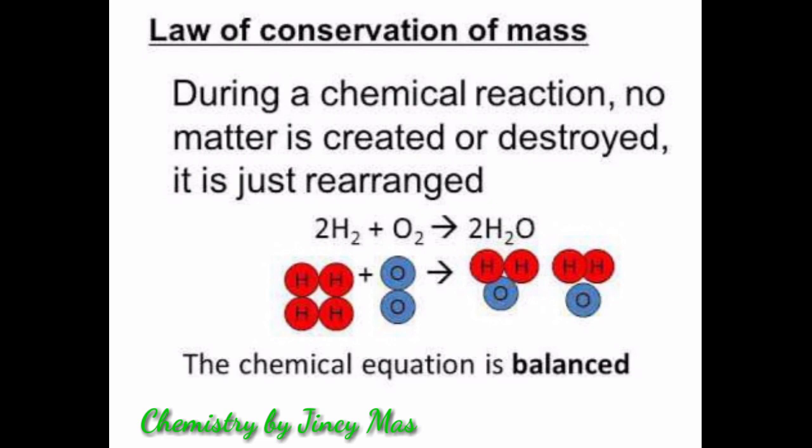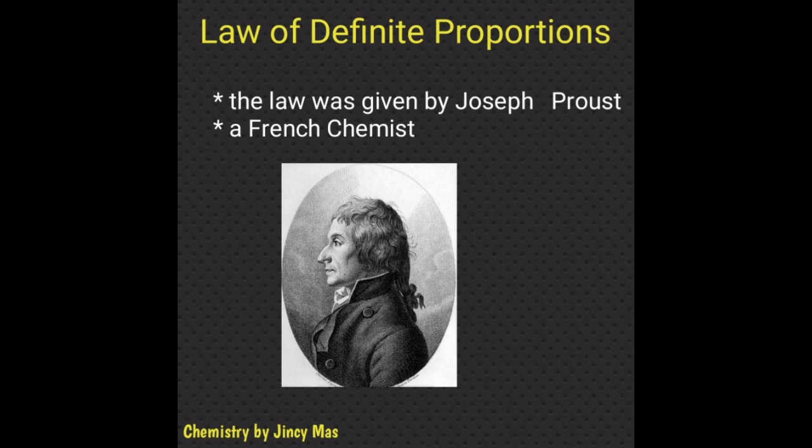The number of atoms involved in that reaction remains the same on the reactant side as well as on the product side. The chemical equation is balanced. So that is known as the law of conservation of mass.